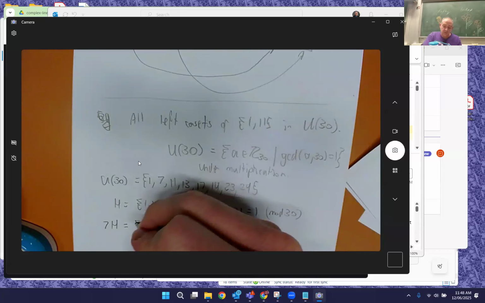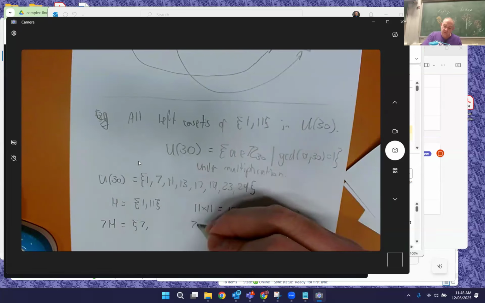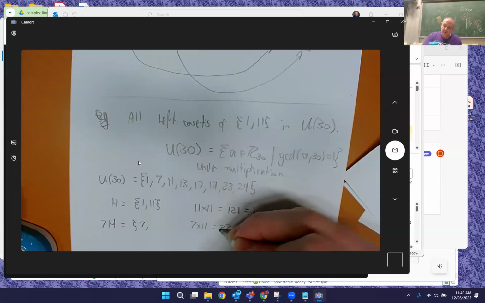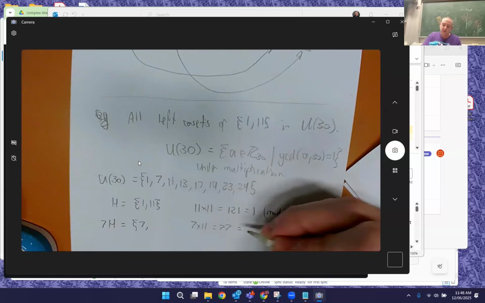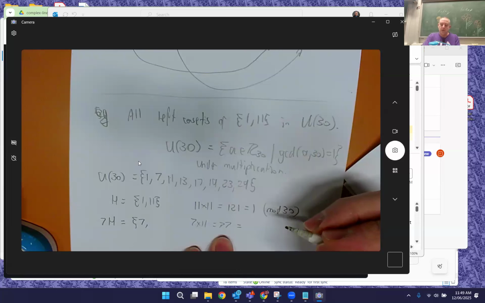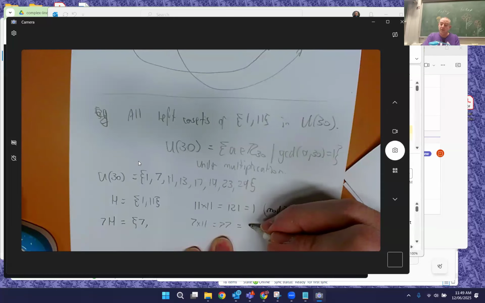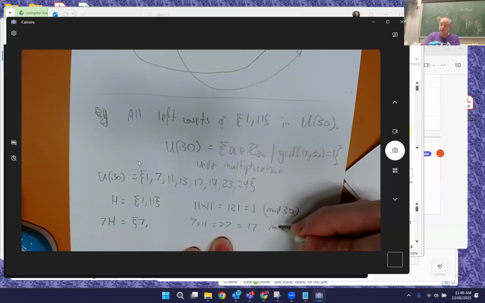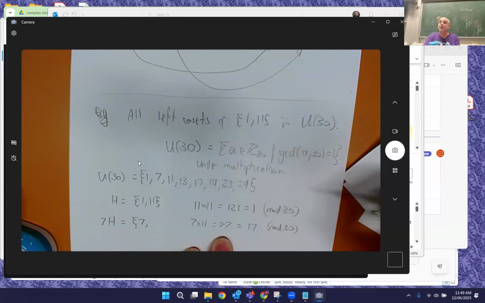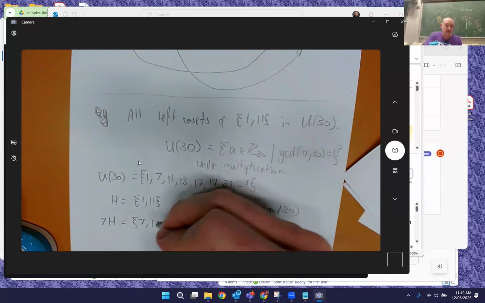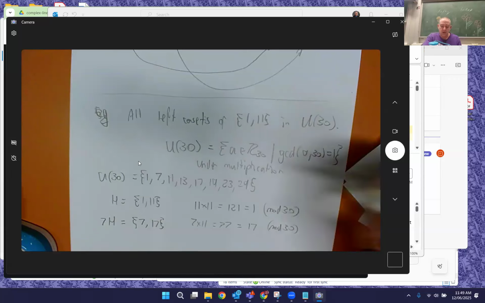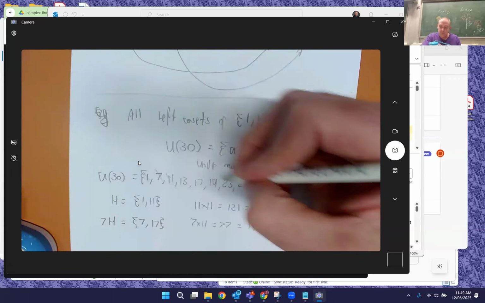Will be 7, and 7 times 11 is 77, which is 17 mod 30. So we'll take off 60. Okay, 7 and 17. And so that's dealt with those two.